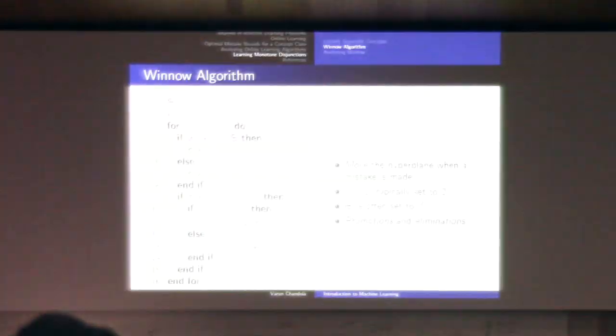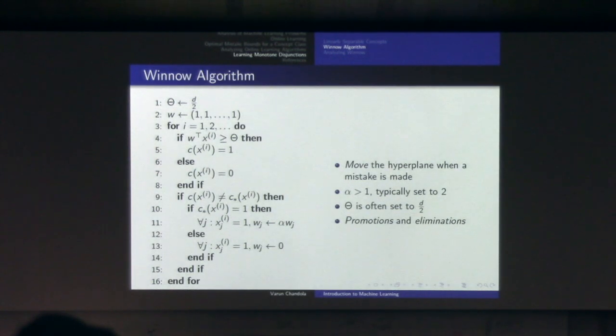All right, so let's go through the algorithm again. So the for loop starting on line number 3 is basically your online learning. So every loop means it is looking at one training example. Okay, so the first thing it does is it takes a training example and it applies this rule. So this is a classic online learning setting, right?